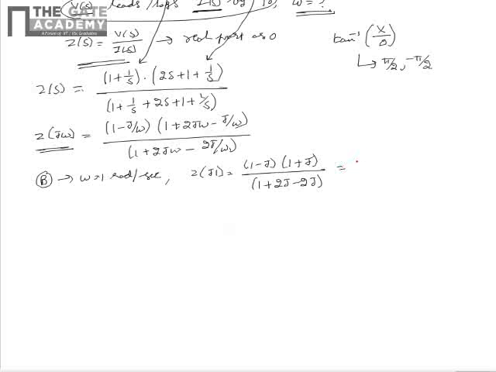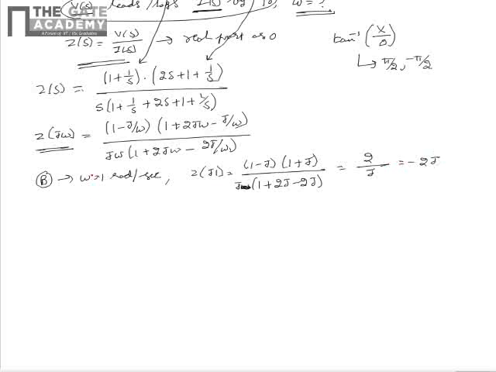This upon simplification becomes 2. Sorry, there is a term S here, because of which there is a J omega term here. So this can be simplified as Z of J1 is equal to 2 divided by J, that is equal to minus 2J.